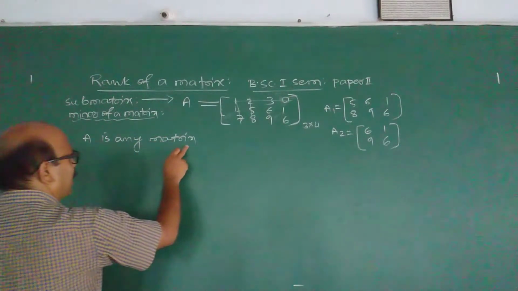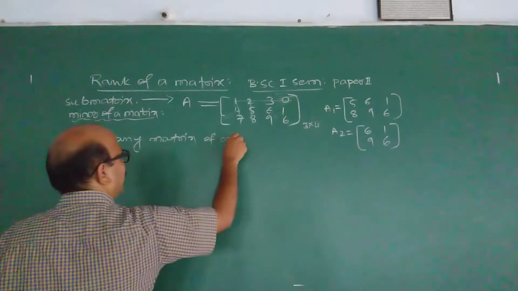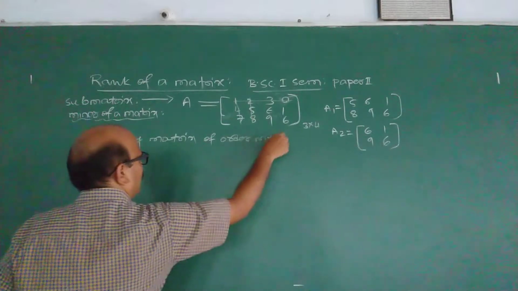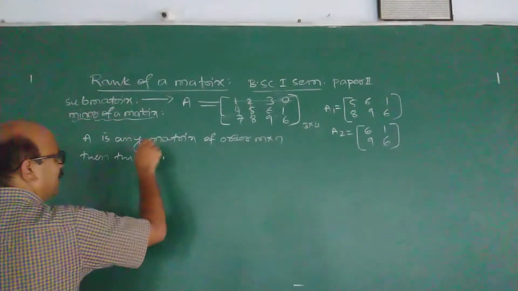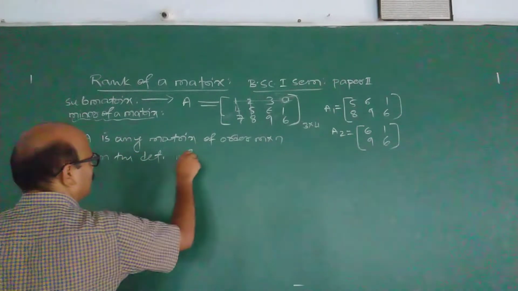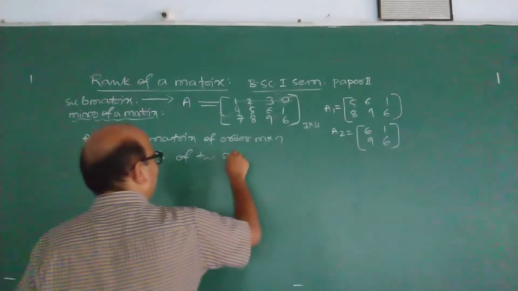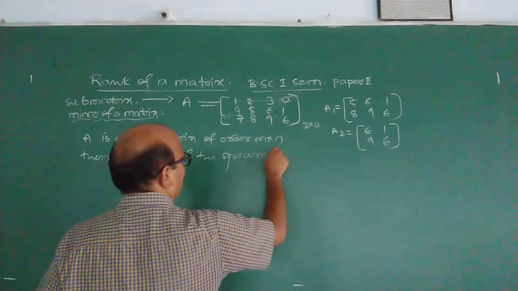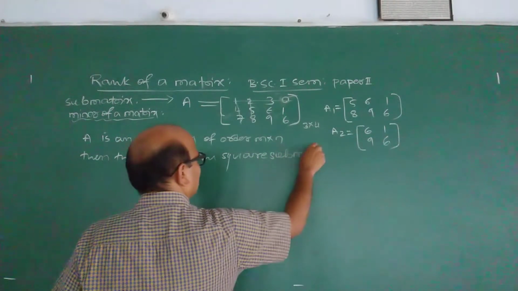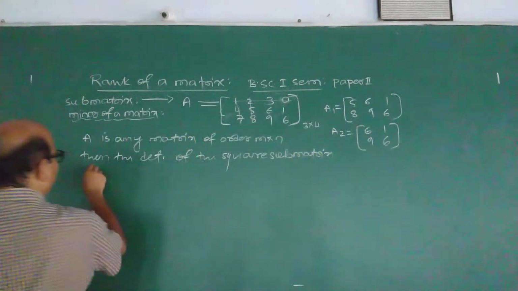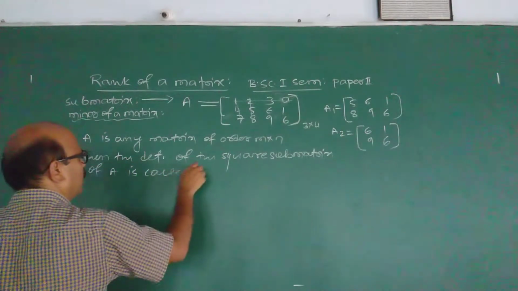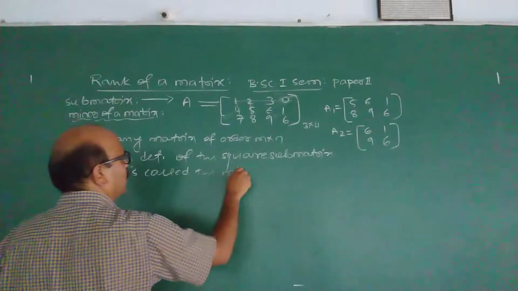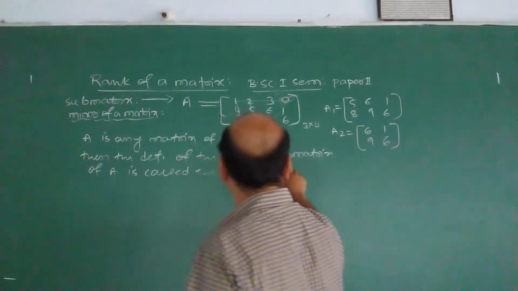A is any matrix of order m by n, then the determinant of the square submatrix of A is called the minor of A.